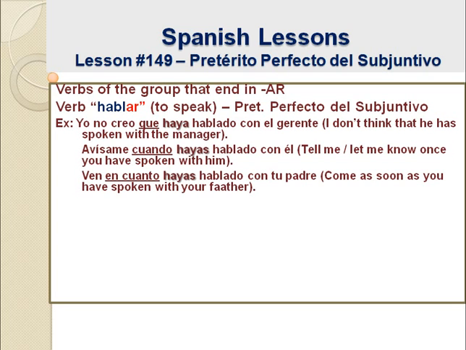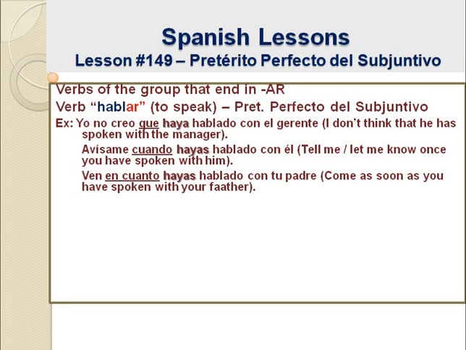So, hayas hablado is the pretérito perfecto del subjuntivo. In the first sentence, haya hablado. In the second sentence, hayas hablado. In the third sentence, hayas hablado. So, this is the conjugation pretérito perfecto del subjuntivo. You can see that here we are using an auxiliary verb, right?